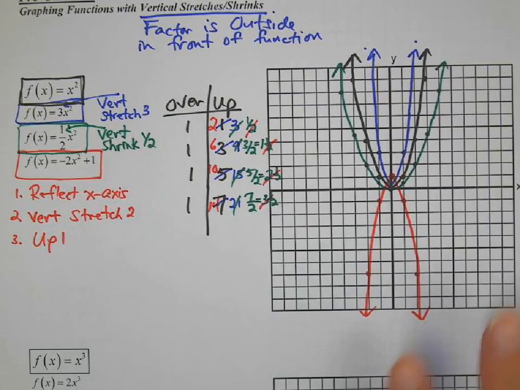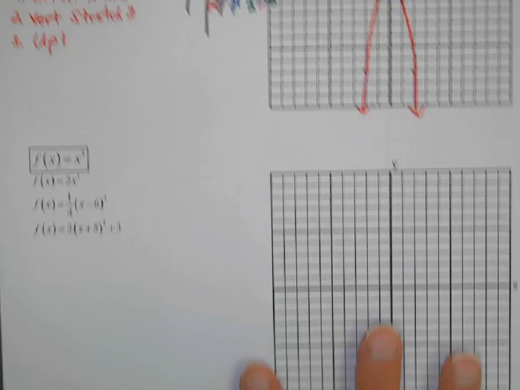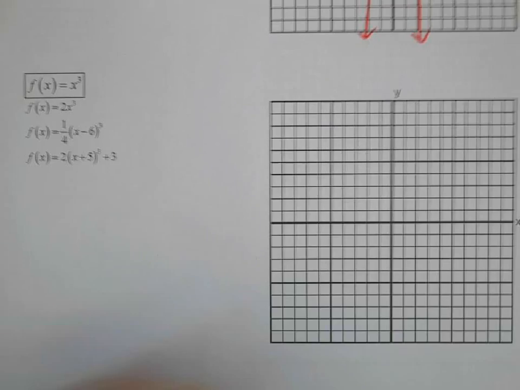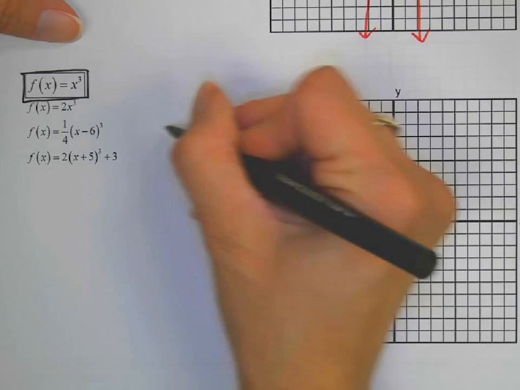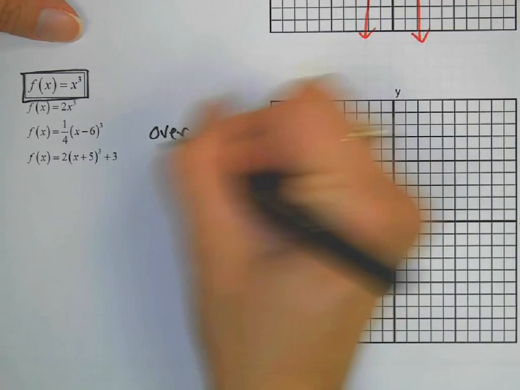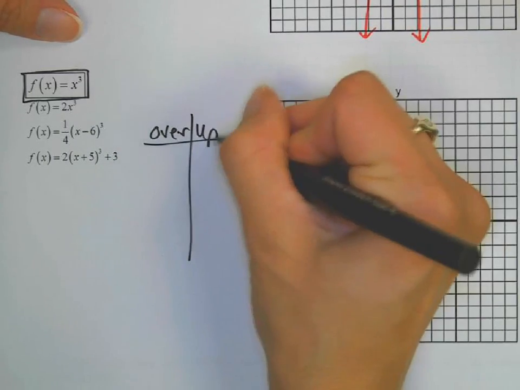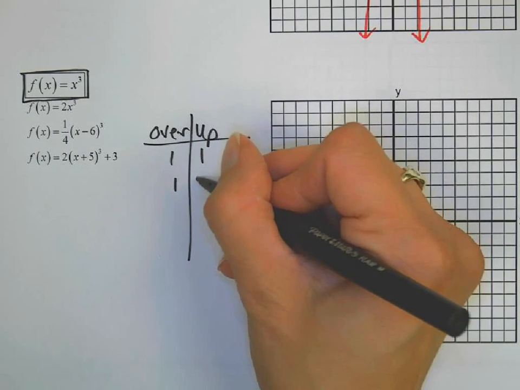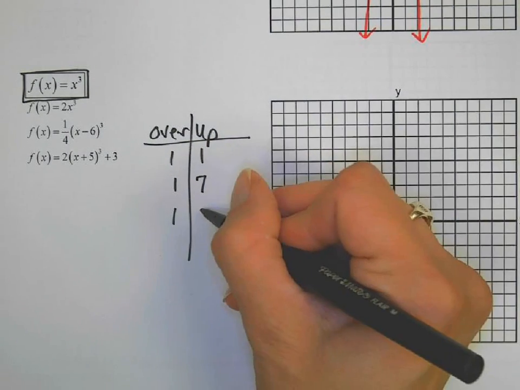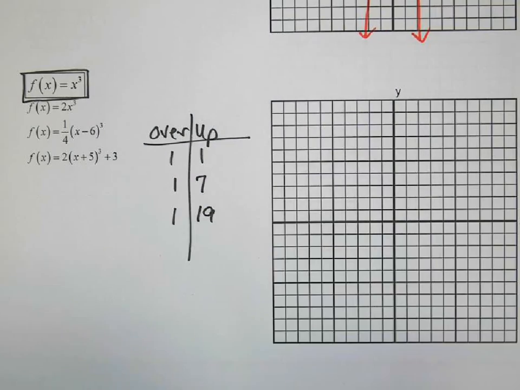Okay? Alright, let's go take a look at x cubed. First thing we'll do is review our basic x cubed growth pattern from yesterday, I hope you studied. Over and up goes over 1, up 1, over 1, up 7, and then over 1, up 19.